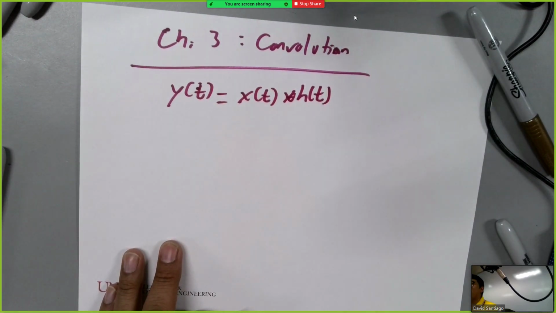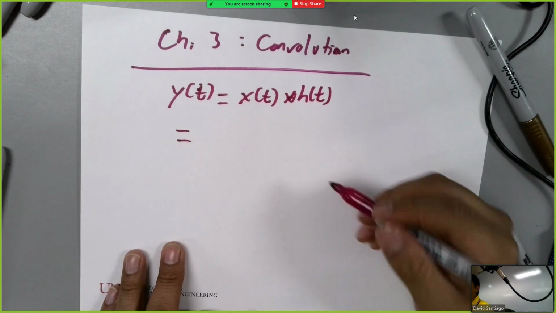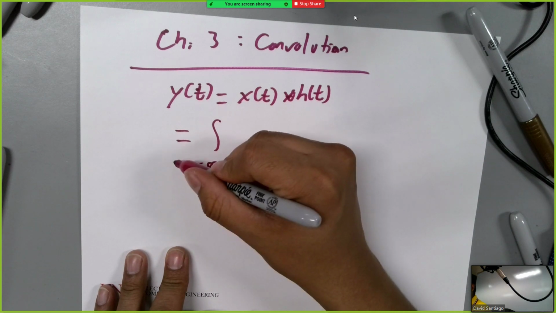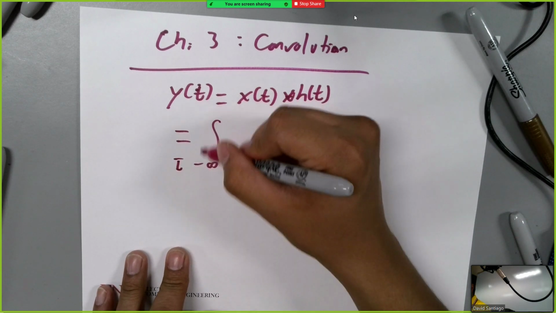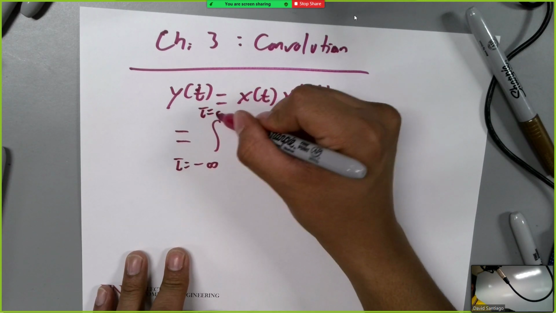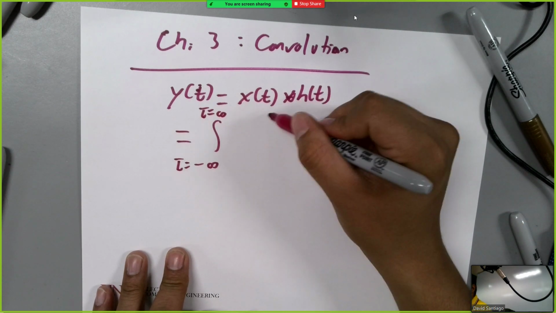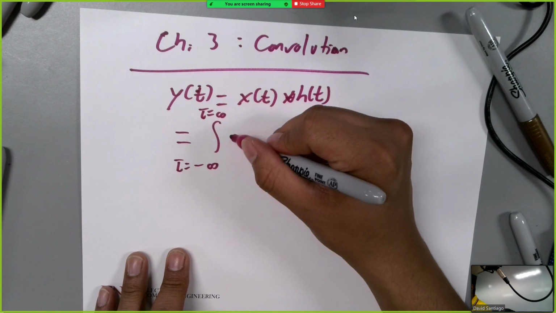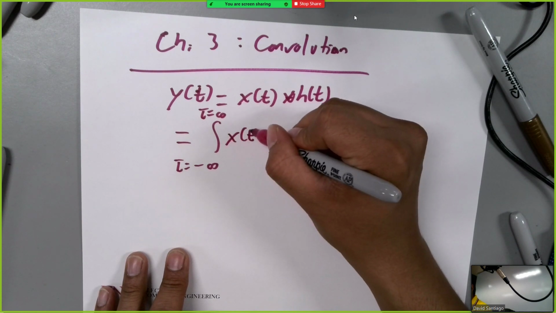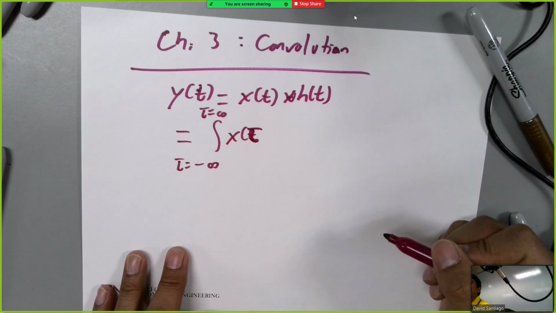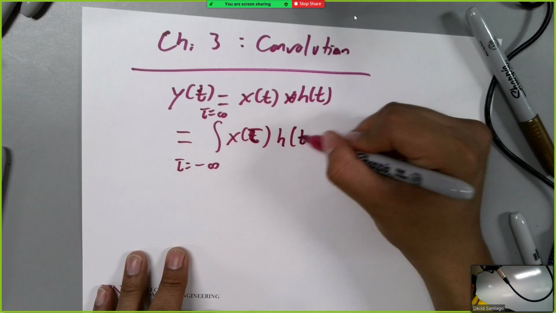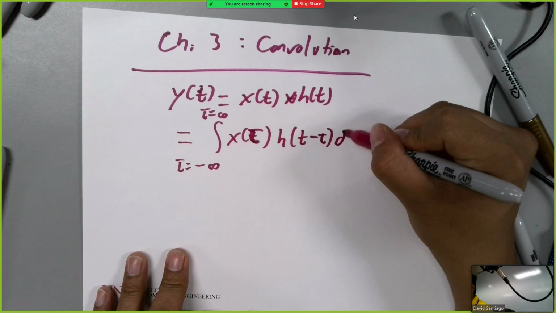Remember that? What's the governing equation? We're going to do the entire signal, integrating over tau from minus infinity to infinity. Let's keep x of tau constant, and then let's shift h, h of t minus tau, d tau. Remember that?